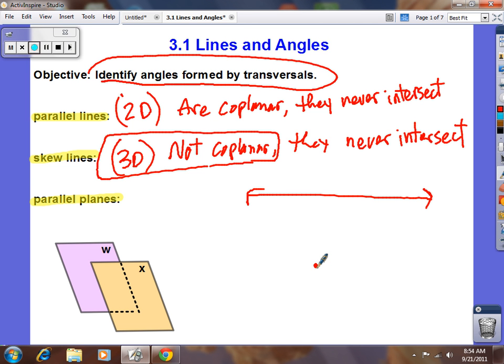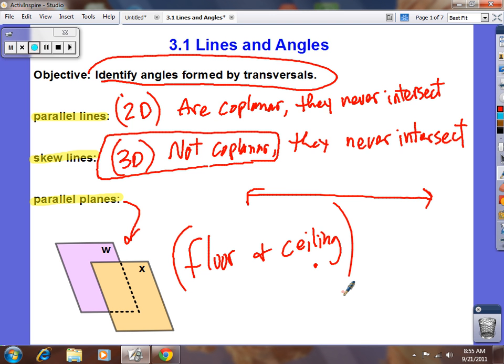They never will, because they're skew lines. They are actually in parallel planes. That's a picture of parallel planes. Think of the floor and the ceiling. They're planes that never ever intersect. They never cross. So any line in a parallel plane is going to be a skew line.